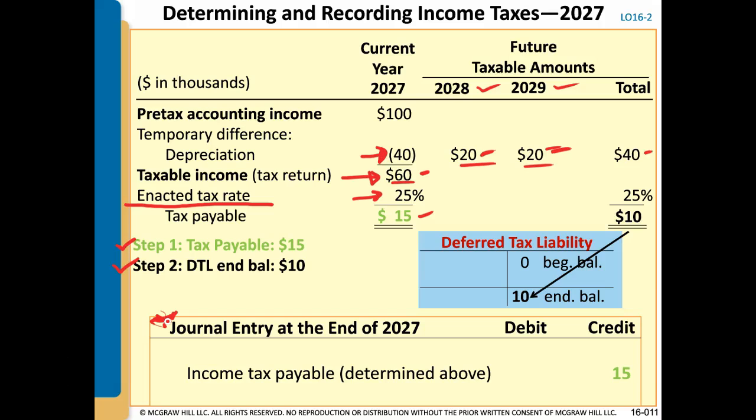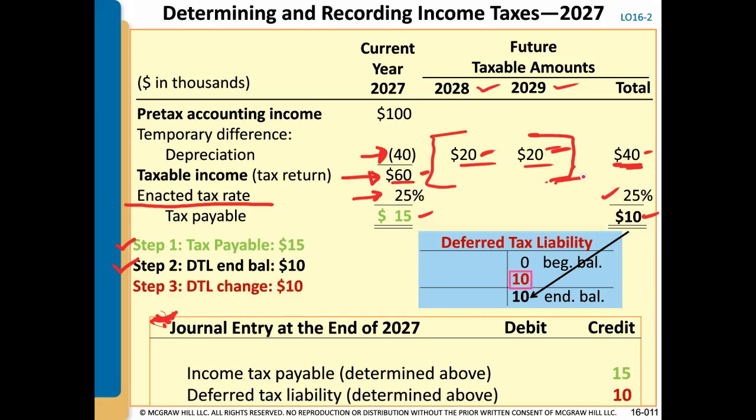This is probably the number one most common mistake students make, that they forget to tax affect all these things, okay? So from 2028 and 2029, we're going to add back $20 for each of those years, so $40 total, and we're going to tax affect it at the enacted tax rate of 25%, which gives us $10. So our ending deferred tax liability is $10.